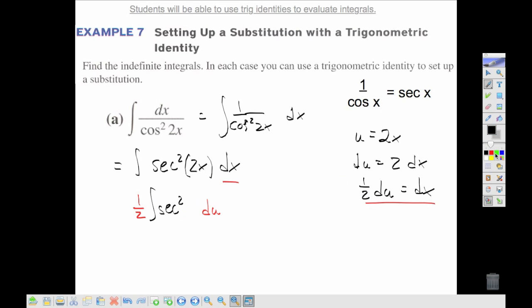We'll keep our secant squared, except now we're using secant squared of u. We do know the antiderivative of secant squared, and that is tangent. And so we can substitute the 2x back in there, leaving us with 1/2 tangent of 2x plus c.